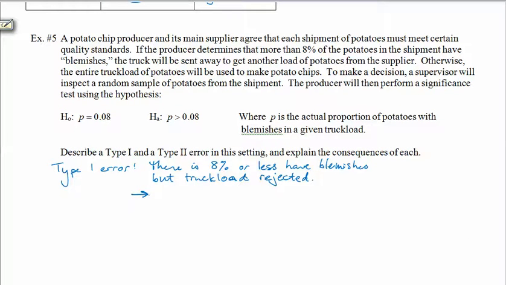Well, one consequence is that it takes time to get a new batch, which means it could delay production.